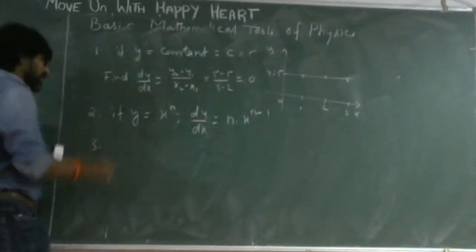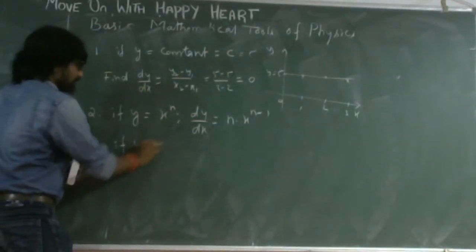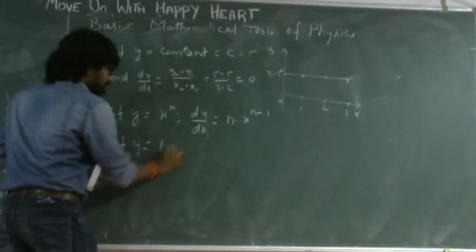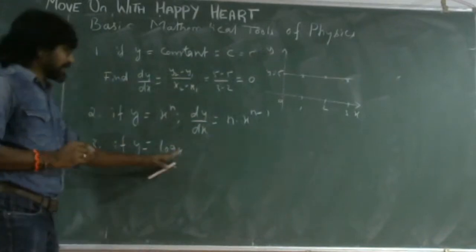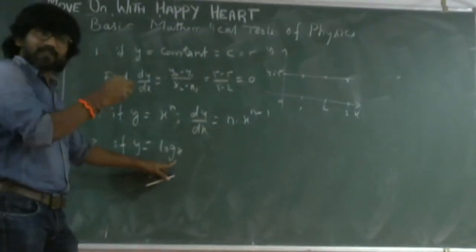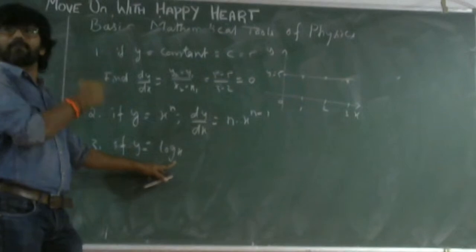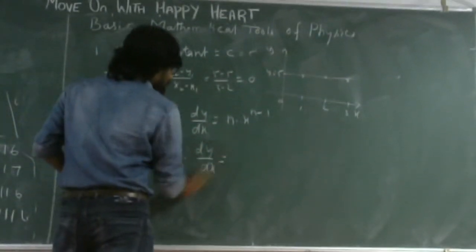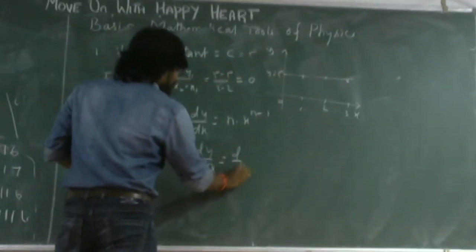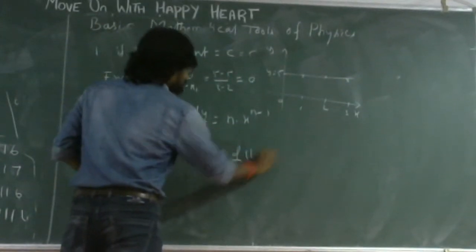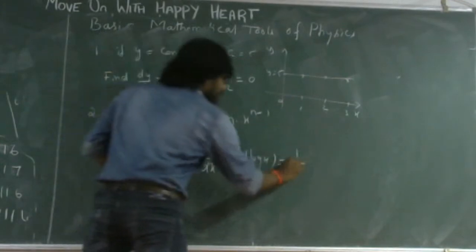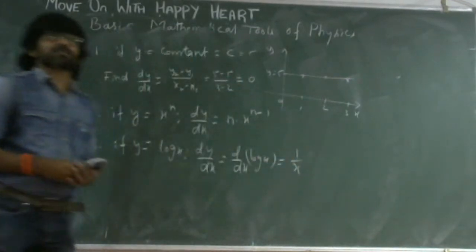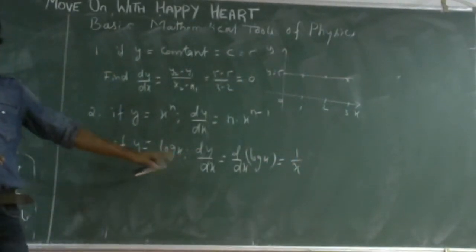Then if you take a logarithmic function, if y is equal to log x. Log x usually means base e; we will not mention that here, but you have to remember that it should be base e. Then dy by dx, that is d by dx of log x, is nothing but 1 by x. Is it clear?